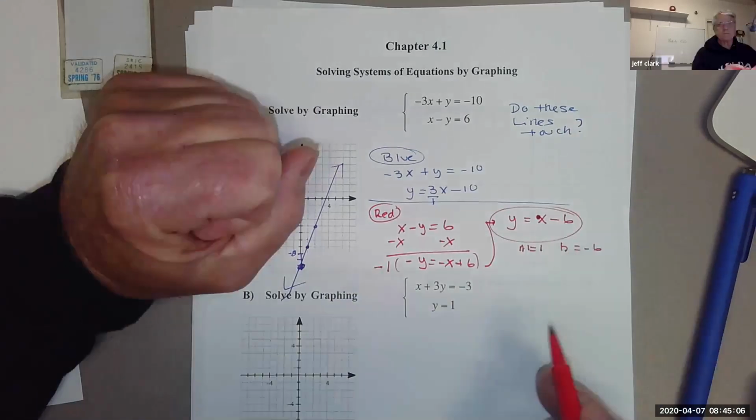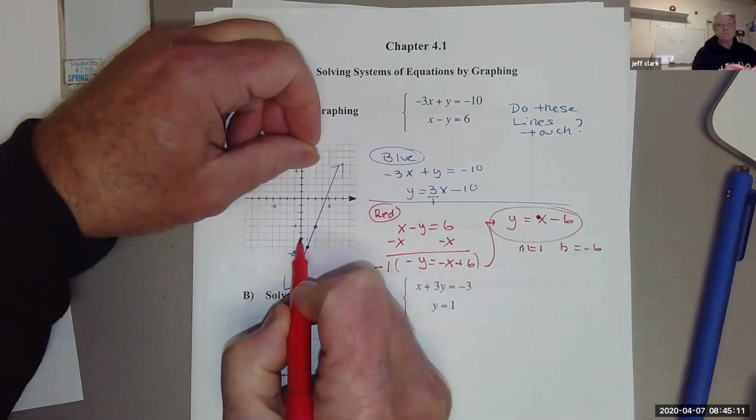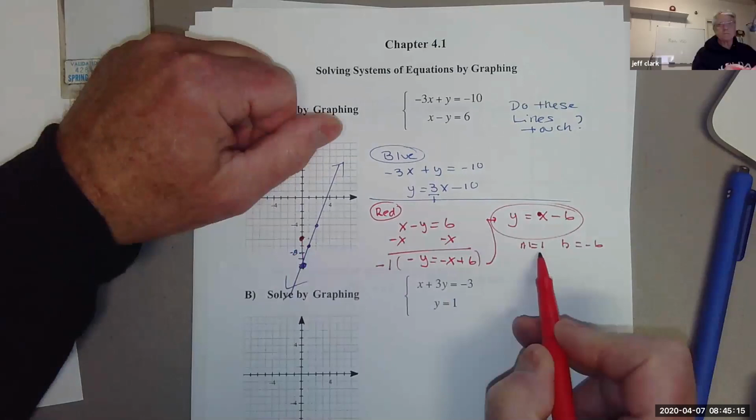Start at negative 6. And now the slope is 1 over 1. So up 1, right 1. Up 1, right 1.